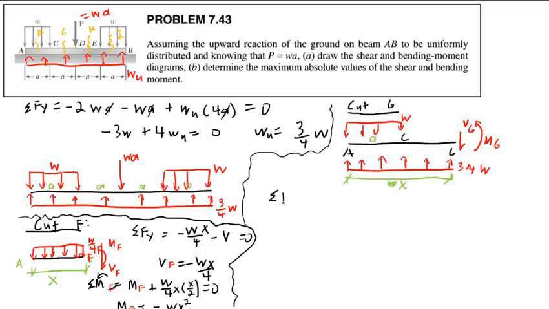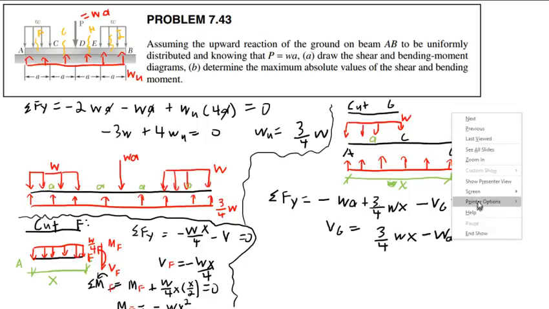Sum of forces in the y direction is going to be equal to negative WA plus 3/4 W times x minus VG equals 0. And therefore, VG is equal to, let's see, if I bring this over here, it's 3/4 Wx minus WA, I believe, right?